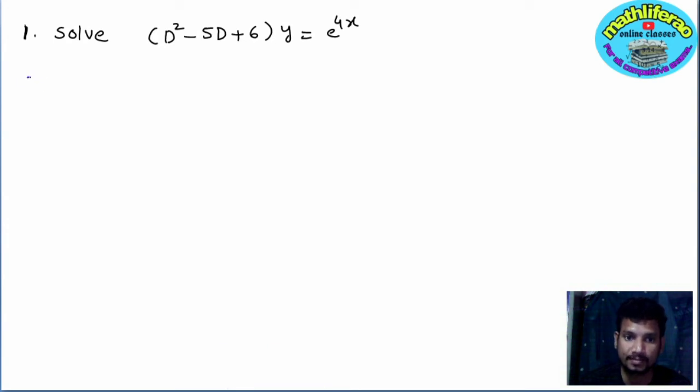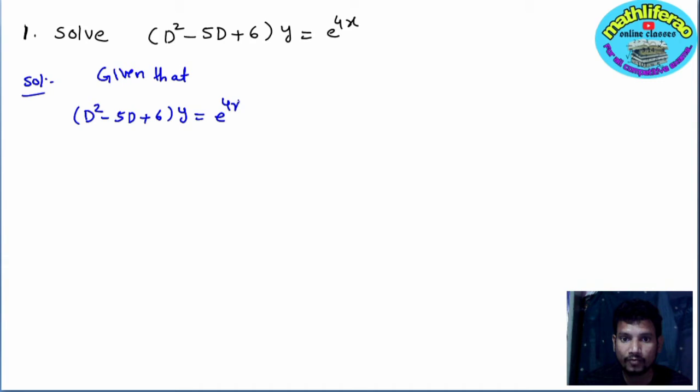So solution, given that D square minus 5D plus 6 into y equal to e to the power 4x. So here f of D into y equal to e power 4x means this is the Q of x.